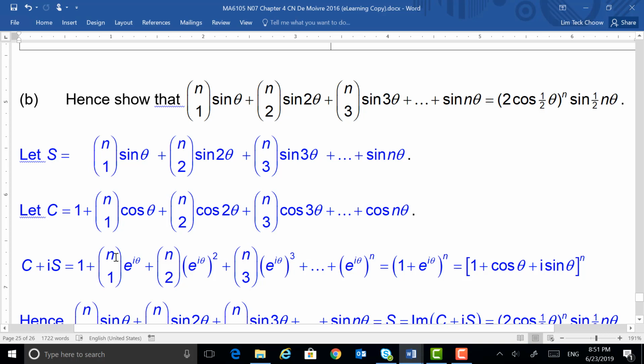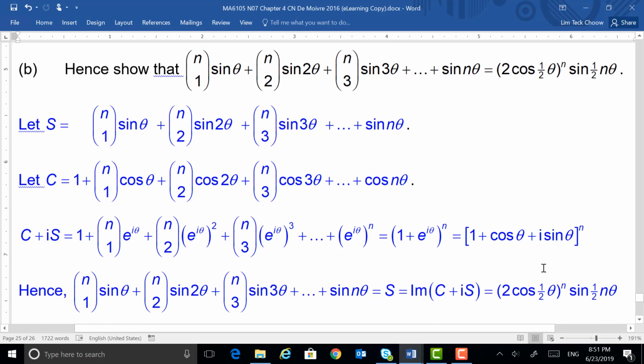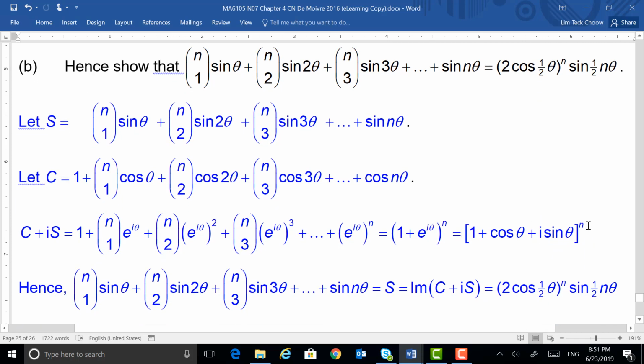So this expression is exactly the binomial expansion of this. And in the earlier proof, this one can be rewritten as this, which is the same as what we had just now, and we're going to make use of it a while later. So now you intend to find this one, the S.